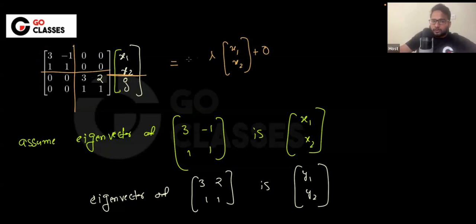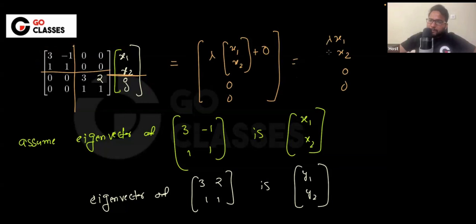So if you multiply these, then you will be getting x1, x2, 0, 0, and lambda will be here. So you can take the lambda out, and then this is the answer. Which means you can take just lambda one time out.